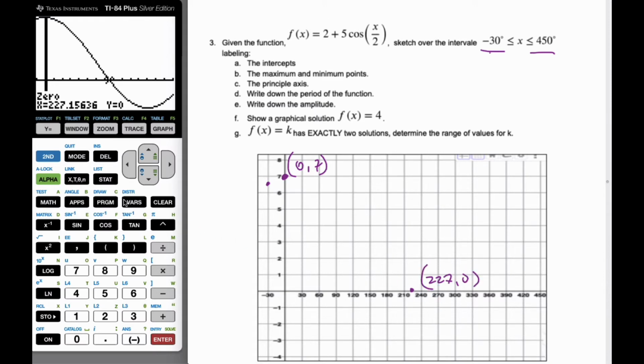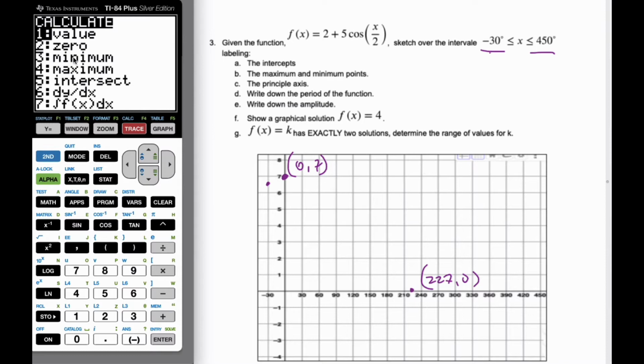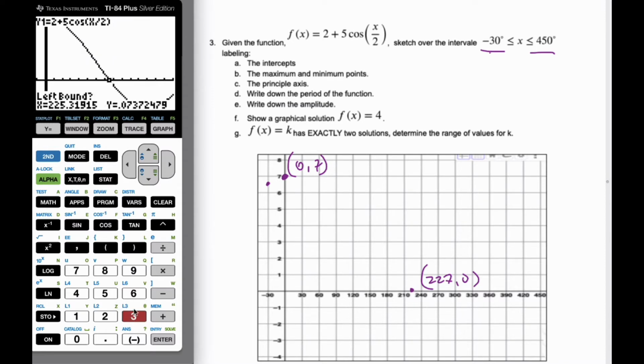I also need to find the minimum value. So if I find the minimum, going to number 3, I can make that the left bound. I'll make 445 the right bound, and we'll back up a bit to find the minimum. We have to recognize that that is actually 360 degrees and at -3.